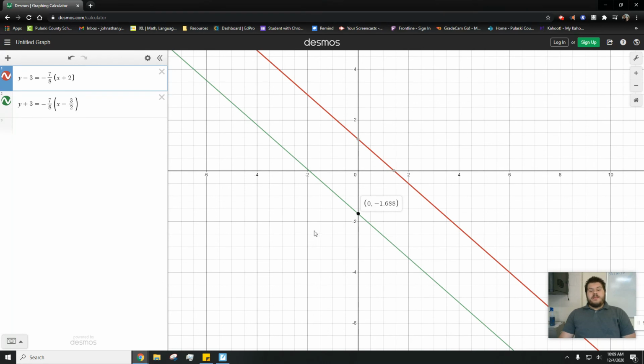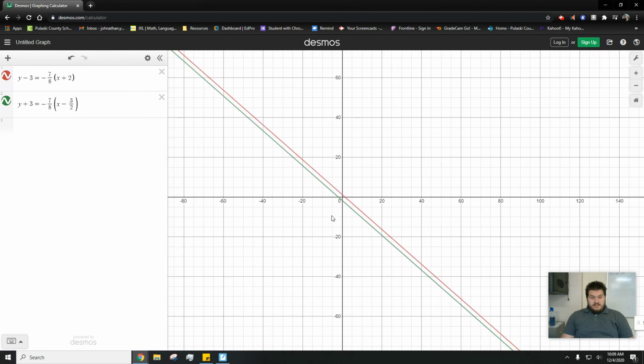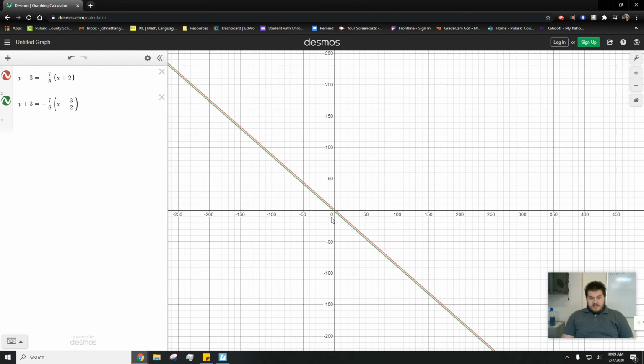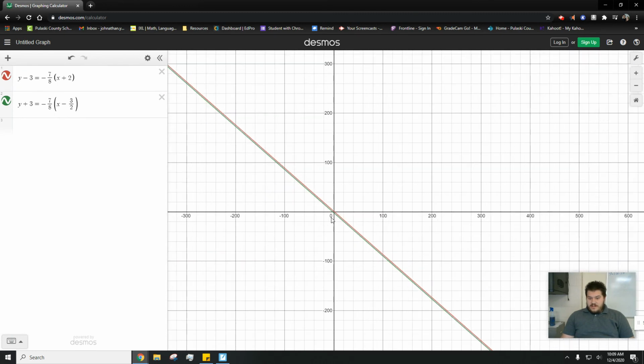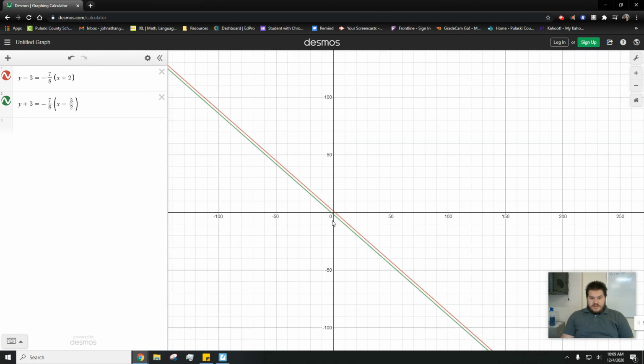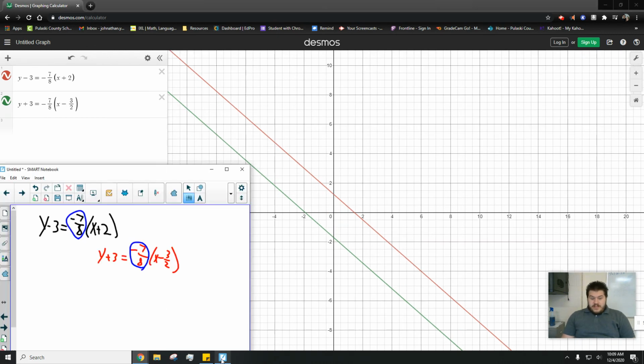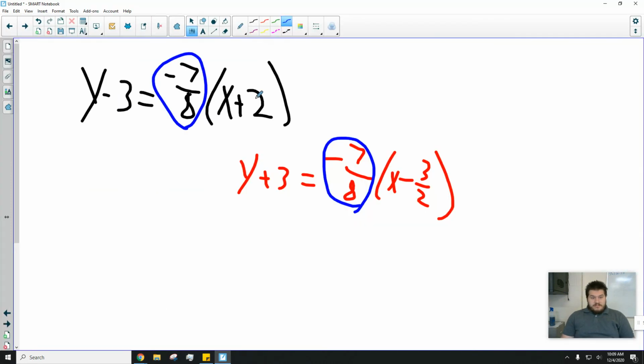Either way, they're parallel because they have the same slope. They'll never touch. And if we zoom out a lot, they stay the same distance. Eventually, the graph gets so small that you can't really see the space in between them, but they never intersect. And that's the basics of parallel lines. They have the same slope.